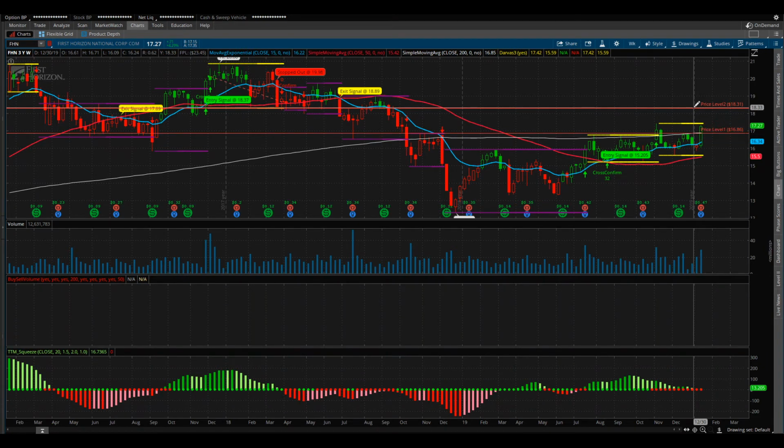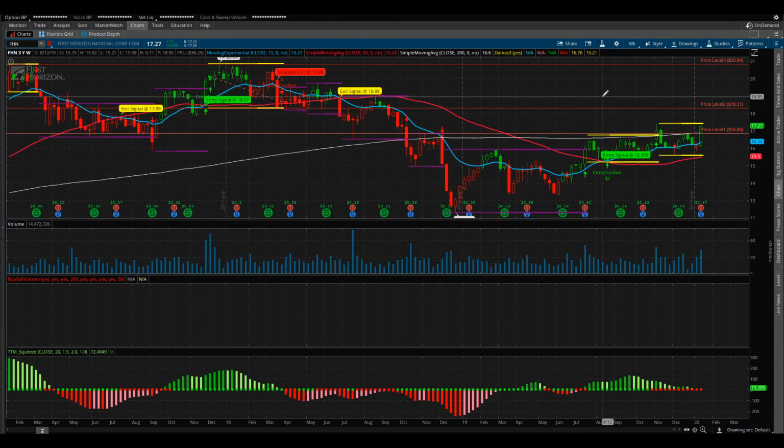And that's the power of options. That's why a lot of people trade options. And that breaks, you go through that. You have a move up to 2084, and you're talking probably a 300-400% gain on FHN.